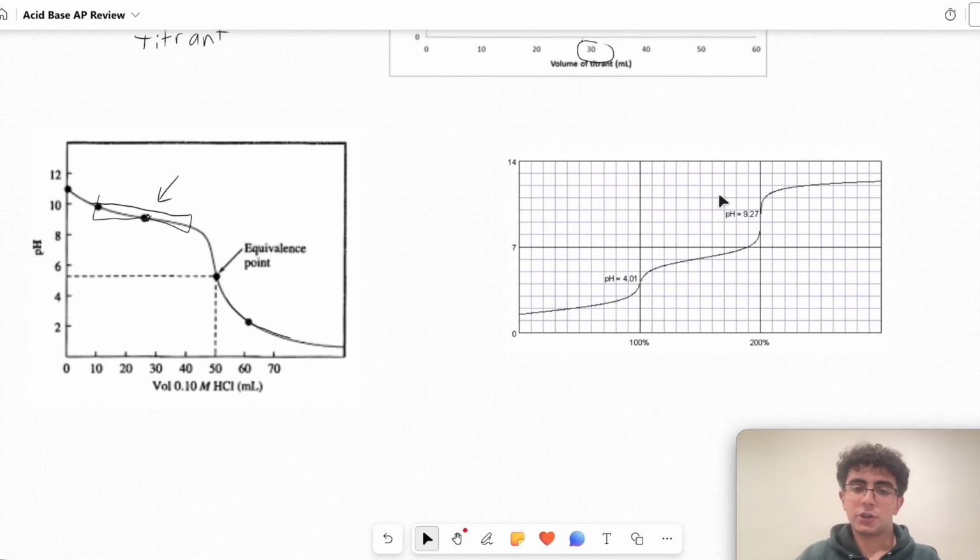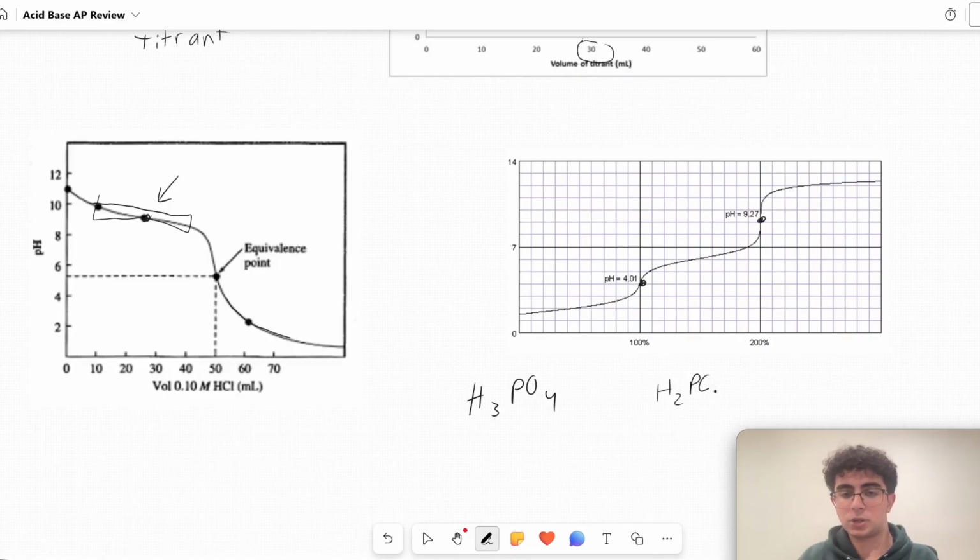The last type of titration curve would be for a polyprotic acid. So for a polyprotic acid like H3PO4, you've got multiple H's coming off in multiple steps. So this is the first step. Our first equivalence point is here, and our second equivalence point is here. So there's two steps. So this could possibly be something similar, like H2SO4, sorry.